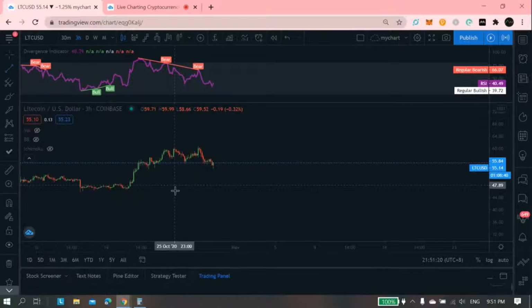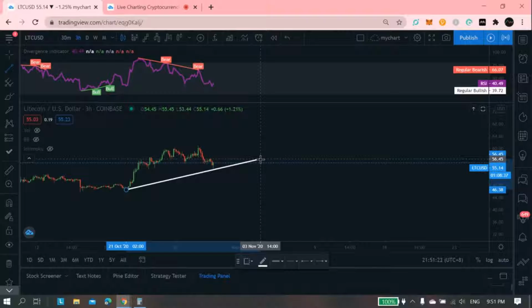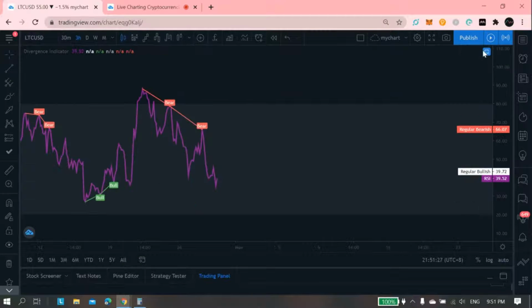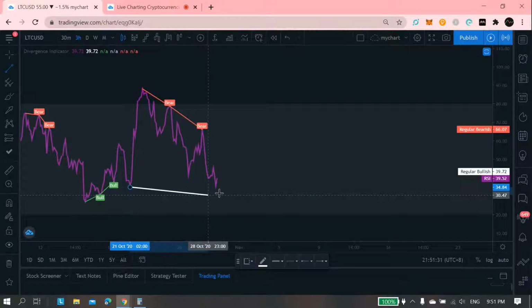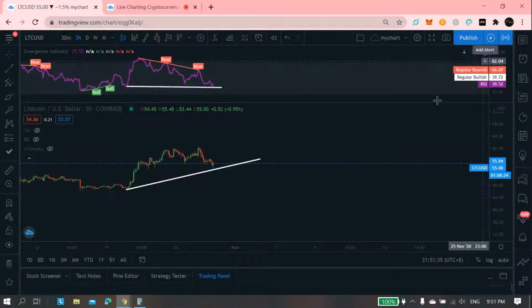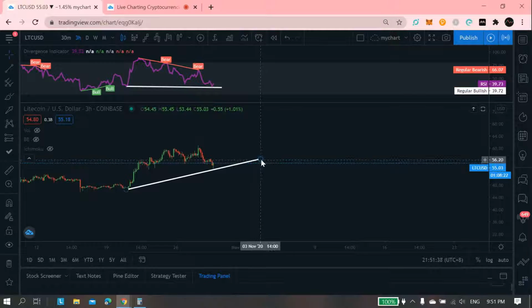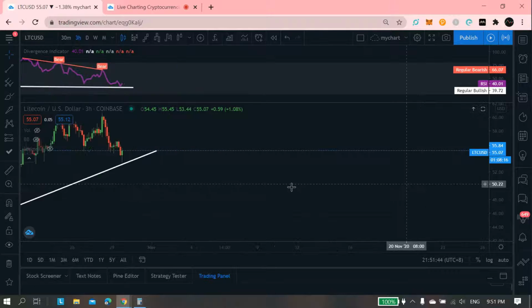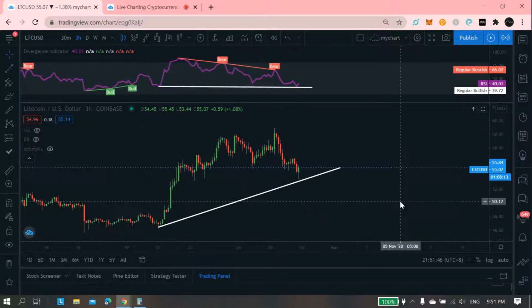This is actually going up, and this is going down. So a divergence, a bullish divergence. And look at the candle. This is bullish.